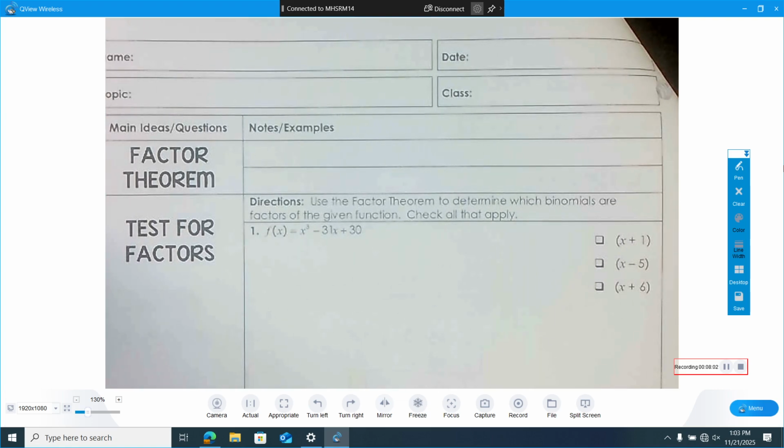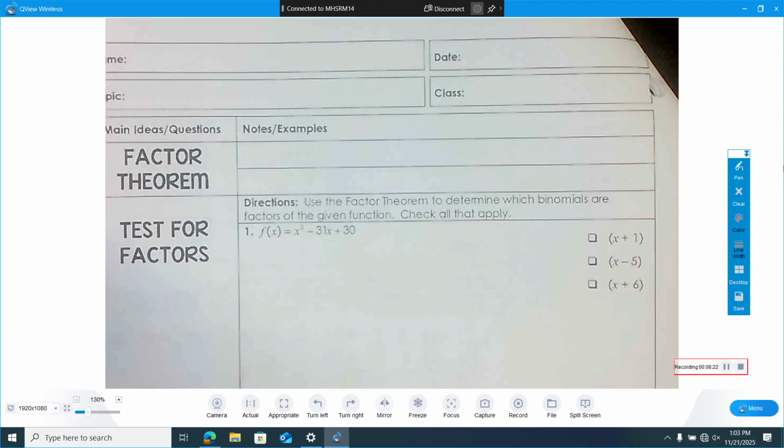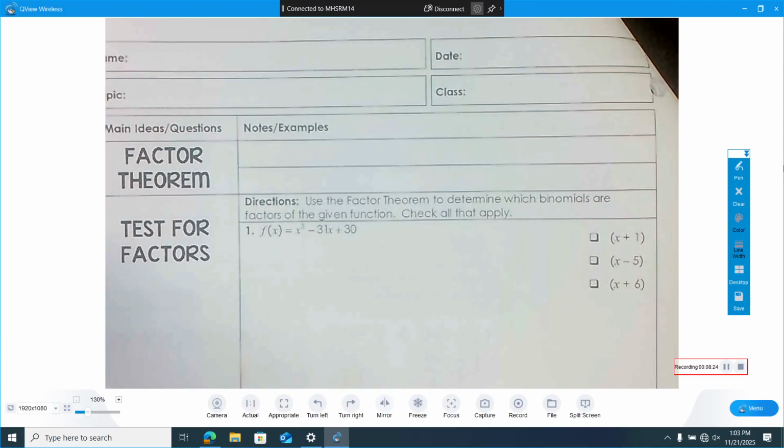So the factor theorem is a sort of, hey, which we talked about briefly yesterday. What happens if we evaluate a function and it has a remainder of 0? We can use synthetic substitution to evaluate our functions and get all these ordered pairs.